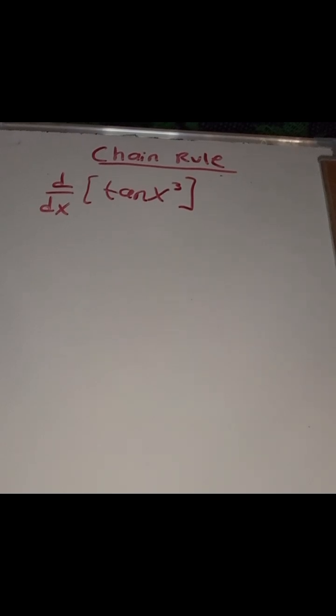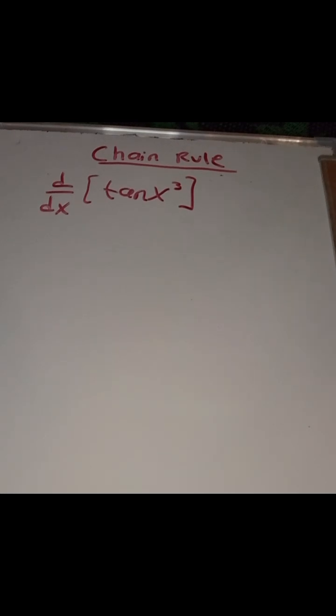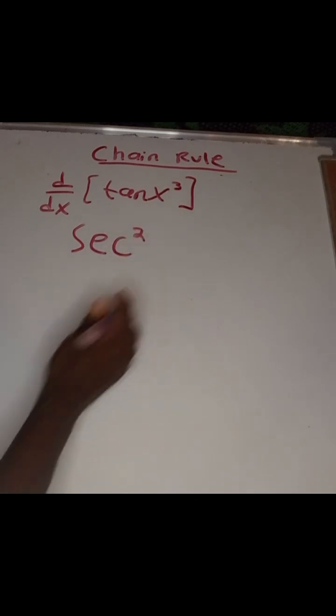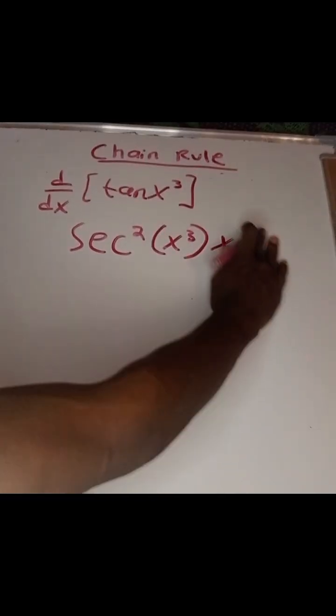The d over dx of tan x cube. If we are going to find the d over dx of tan x cube, the derivative of tan is secant square. Therefore we keep our inside bracket as it is, which is x cubed, and then we multiply by the derivative of x cubed, which is 3x square.